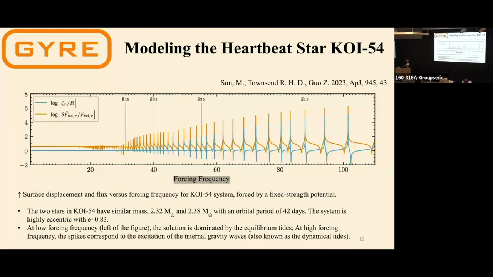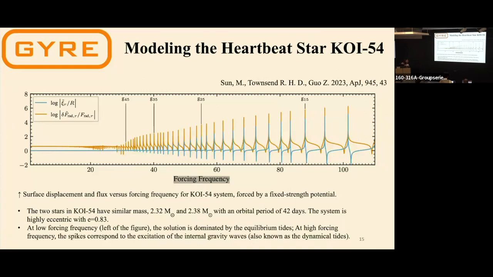There's a third damping mechanism I didn't mention in my talk, which is nonlinear damping. When that phenomenon is important, we really need to worry about nonlinear effects, for example when the amplitude of the excited wave is bigger, that could lead to nonlinear physics. To implement nonlinear tides in GYRE tides is quite challenging because we do linear tides.